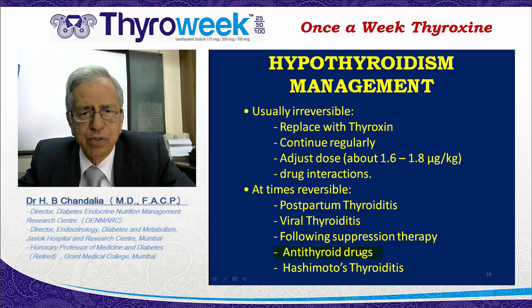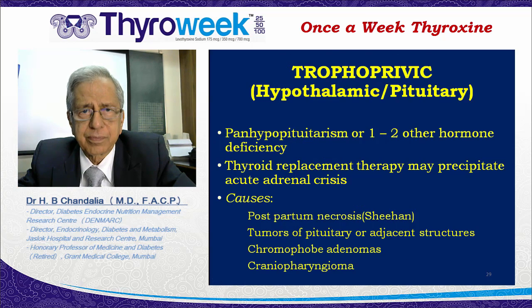And when you discontinue antithyroid drugs, a patient who has shown hypothyroidism because of antithyroid drugs will show reversibility once you stop the drugs. And remember Hashimoto's thyroiditis, the patient can be euthyroid, hyperthyroid, or hypothyroid. All the possibilities exist. And of course, many times the hypothyroidism could be reversible.